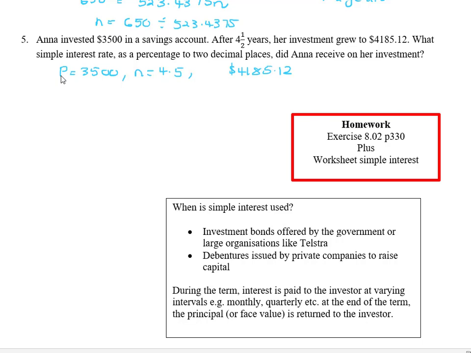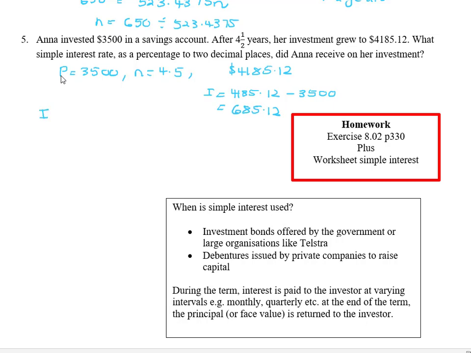But I need to know how much interest I've earned. So if my investment is worth $4,185.12 and the amount of money that I invested was $3,500, if I work this out, I get $685.12.